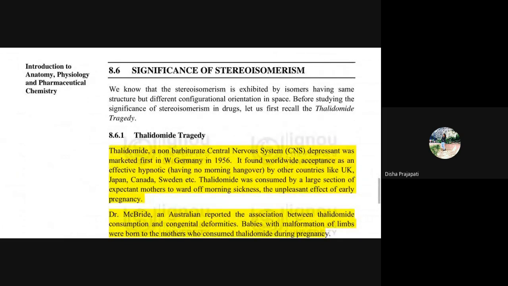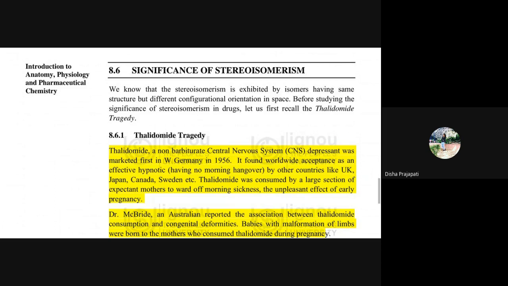Now, significance of stereoisomerism. There are many types of organic drugs and stereoisomerism is present in these type of drugs. So we can study one of the historical drugs which is called as thalidomide tragedy.